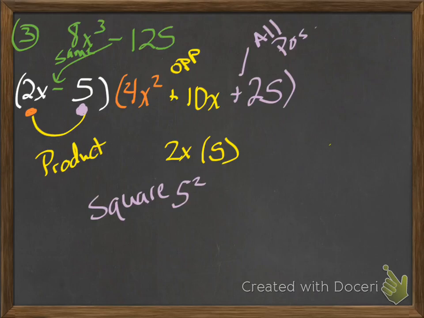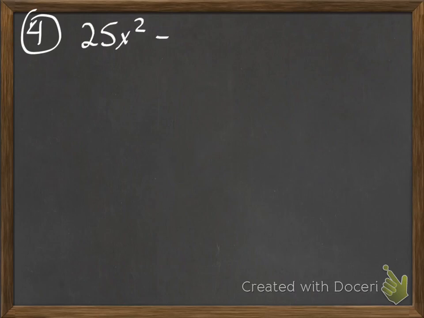After that, how did you get the x minus 2, x plus 2? That's what we're about to go over next. So the last one was the difference of squares. So if I have a squared term minus a squared term, so 25x squared minus 49.